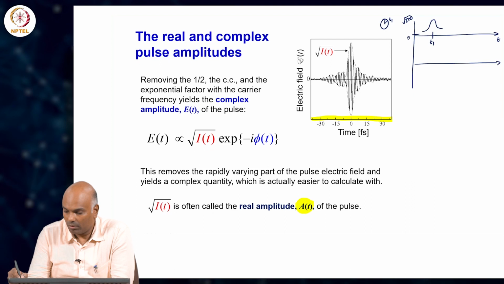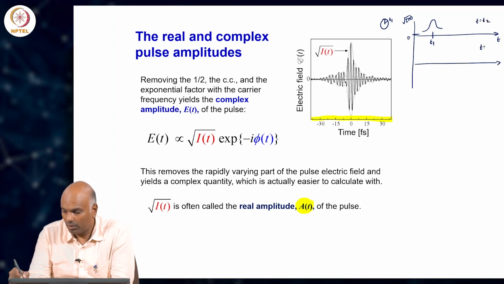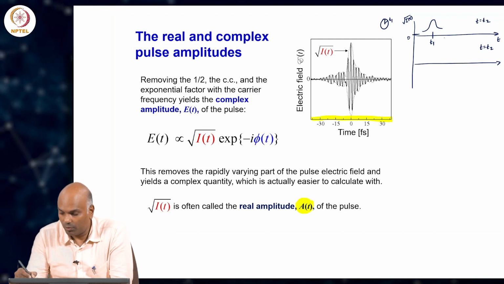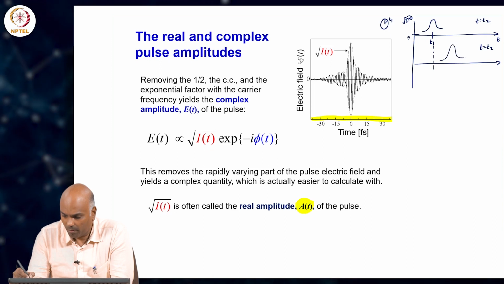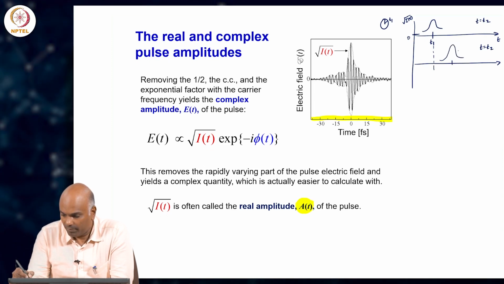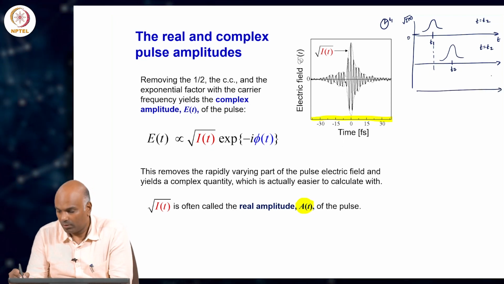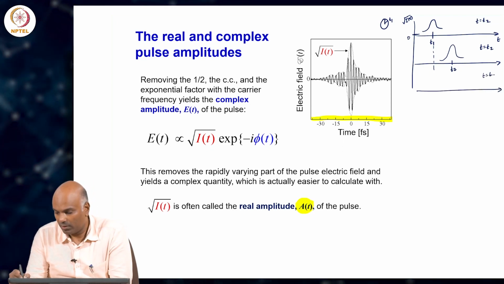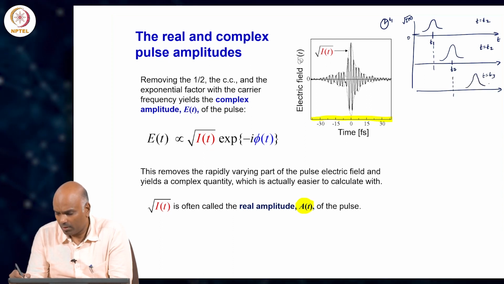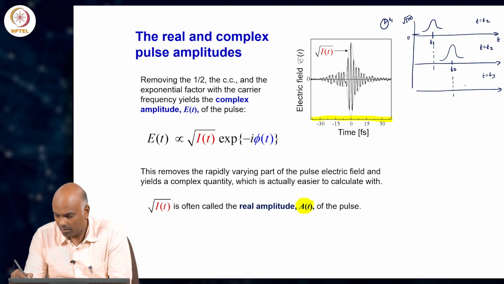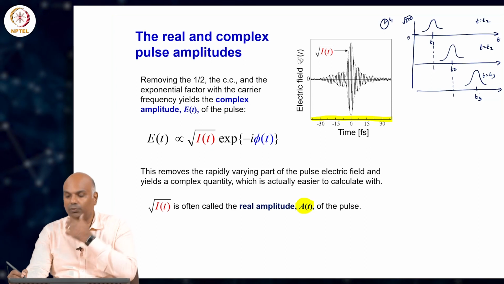Now, at time on the clock t is equal to t2, the pulse has moved forward. At t is equal to t3, the pulse has moved further forward.